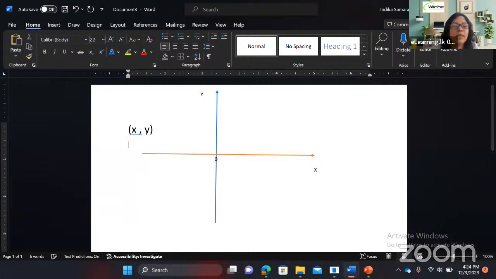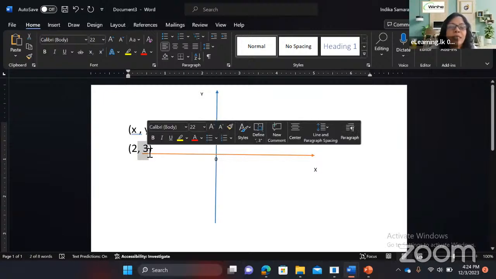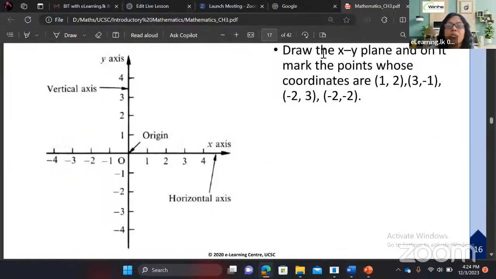Then if we write 2, 3, what does that mean? 2, 3 means the given point's x value is 2 and the y value is 3, right?